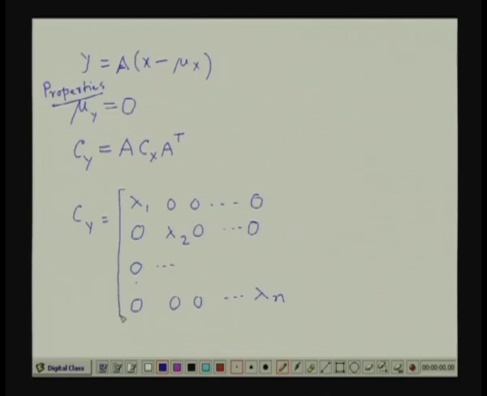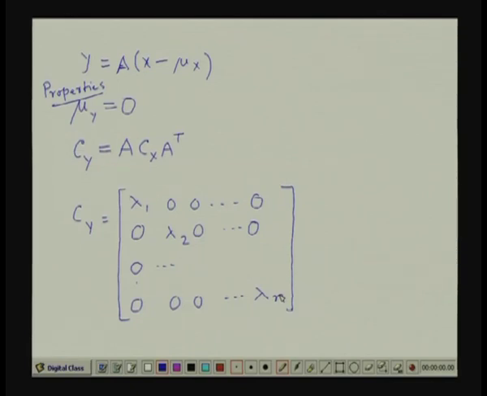So, this is the covariance matrix of y, that is Cy. And obviously, in this case, the eigenvalues of Cy are the same as the eigenvalues of Cx, which are nothing but lambda 1, lambda 2 up to lambda n, and it is also a fact that the eigenvectors of Cy will also be the same as the eigenvectors of Cx.